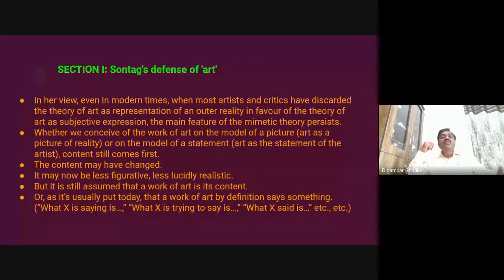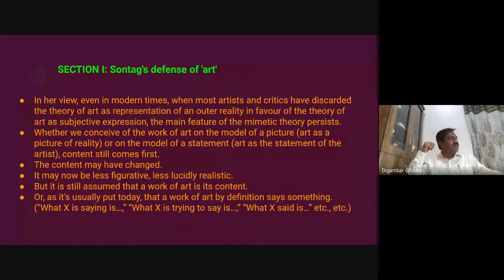Whether we conceive of the work of art on the model of a picture, art as a picture of reality, or on the model of a statement, art as a statement of the artist, in both contexts, whether we look at art as the picture of reality or the statement of the artist or expression of the artist's emotions, content still remains first.